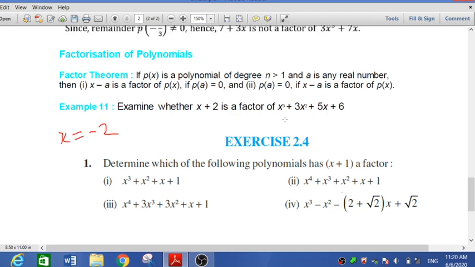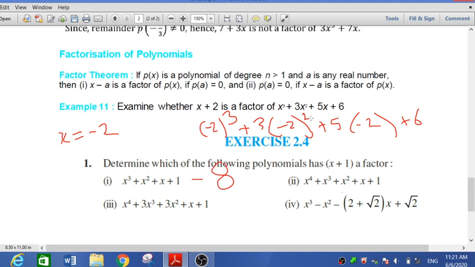So minus 2 to the power 3, plus 3 into minus 2 to the power 2, plus 5 into minus 2, plus 6. Now if we simplify, minus 2 to the power 3 is minus 8.